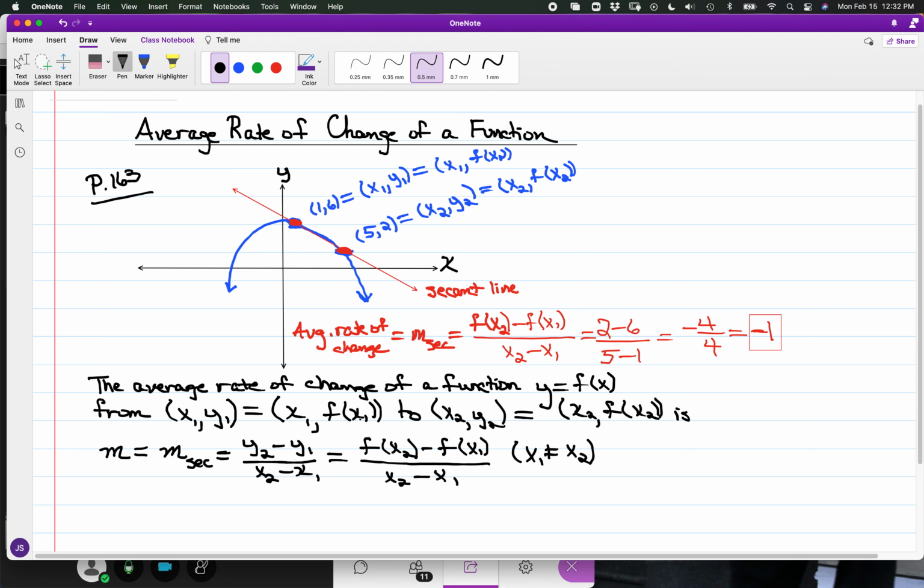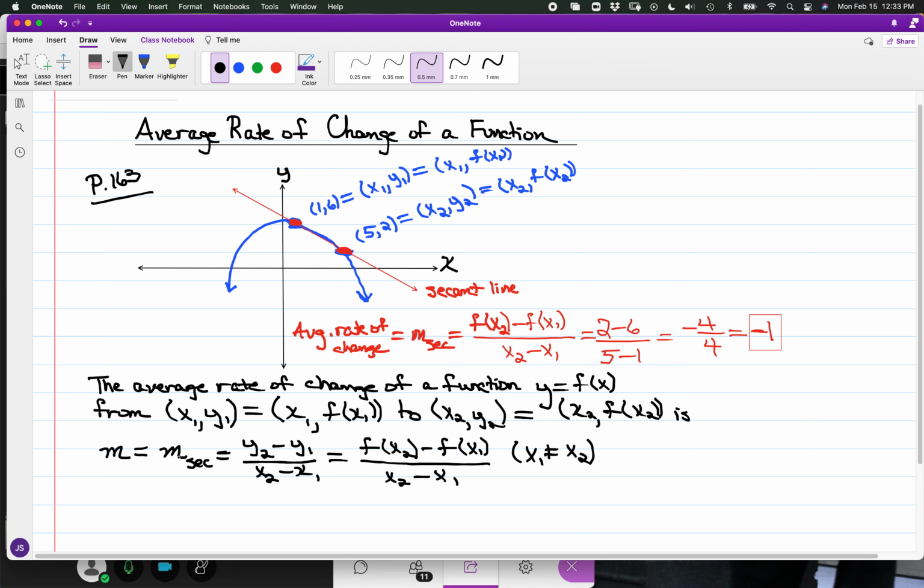The functional notation for the coordinate y1: remember, y equals f of x, so for the first point you have (x1, f of x1). For the second ordered pair, we have (x2, f of x2). The average rate of change has the slope m with the subscript SEC, in reference to the secant line, so the slope of that secant line.